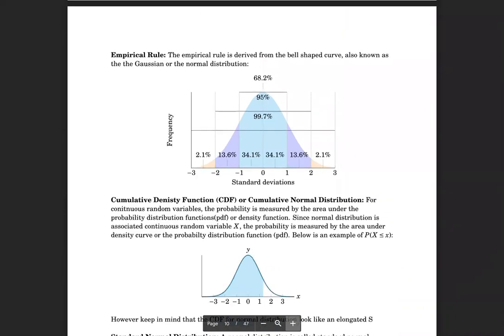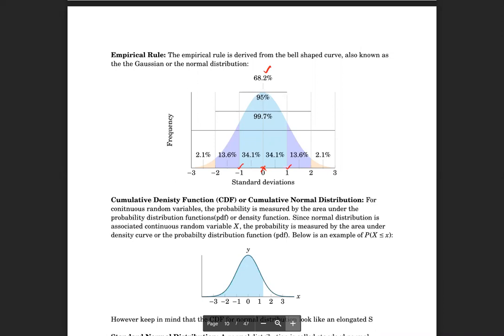Now, this is the empirical rule that we talked about previously for the bell shape. If you move one standard deviation to the right and one standard deviation to the left from the mean, you'd include approximately 68.2% of the data.